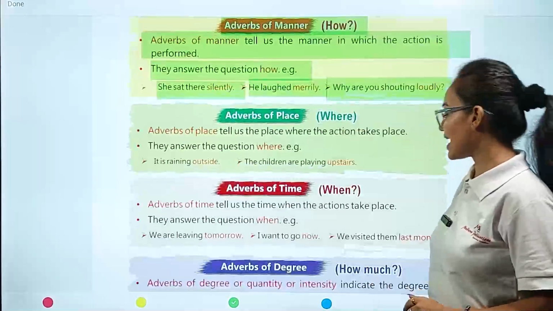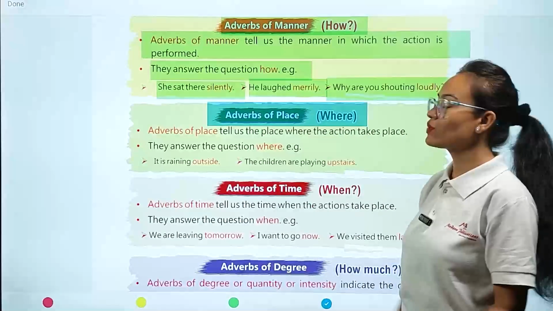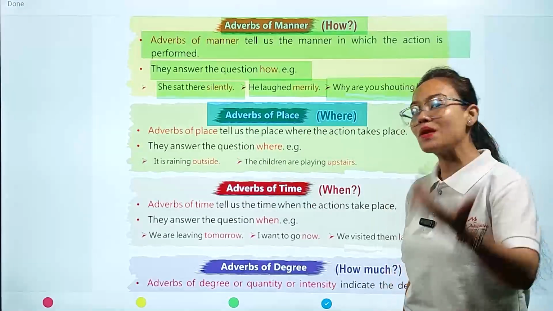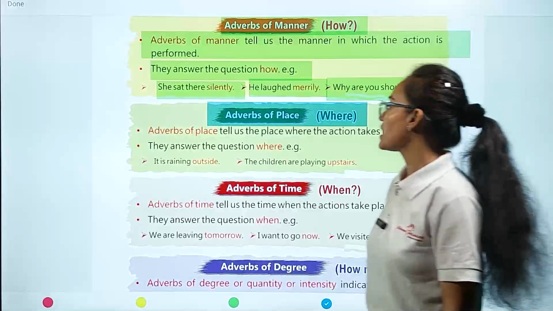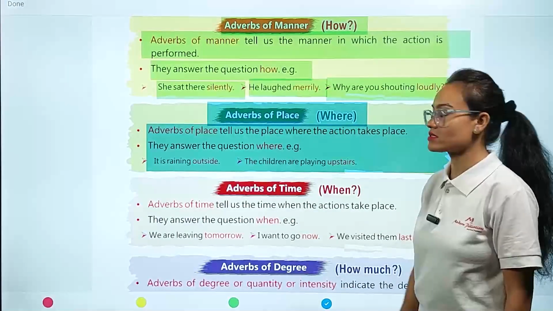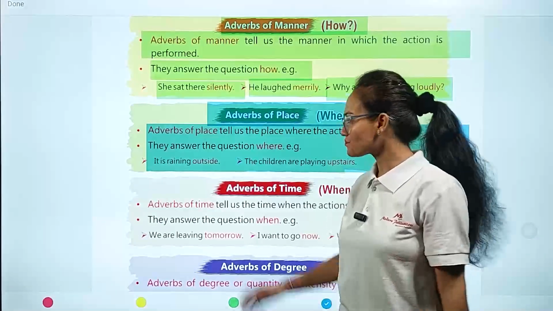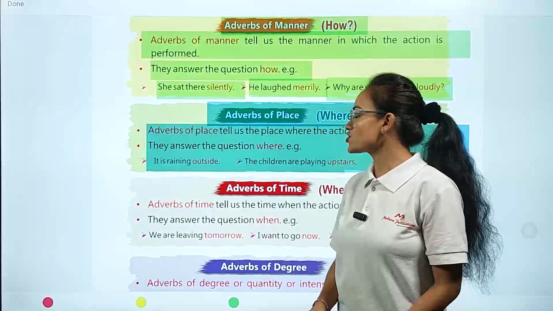Now we are going to see the adverb of place, where the action is performed. Adverb of place tells us the place where the action takes place. They answer the question where.